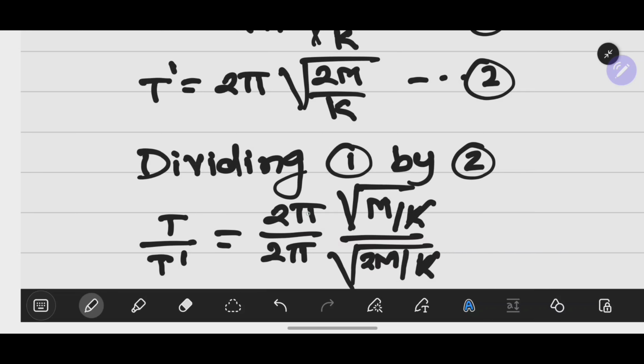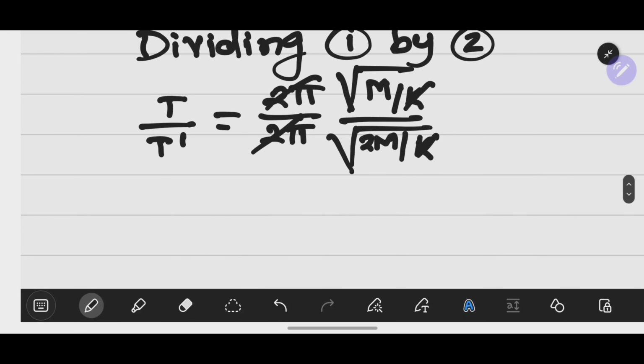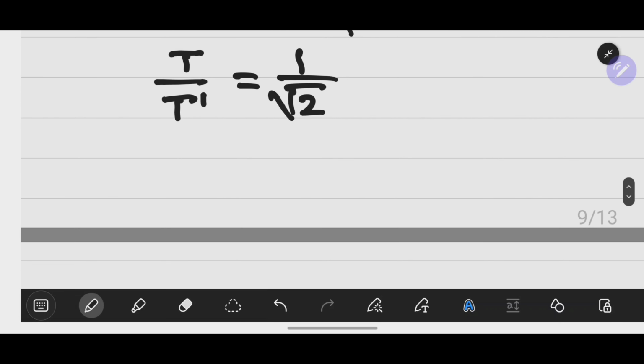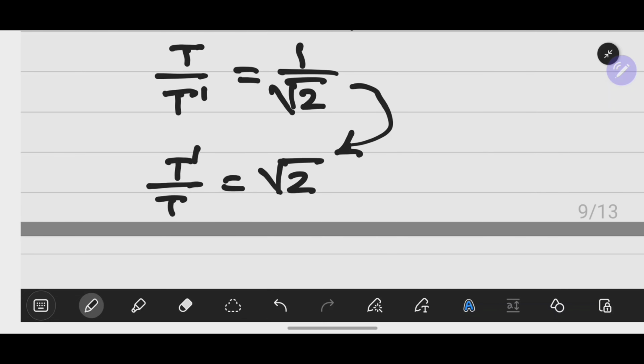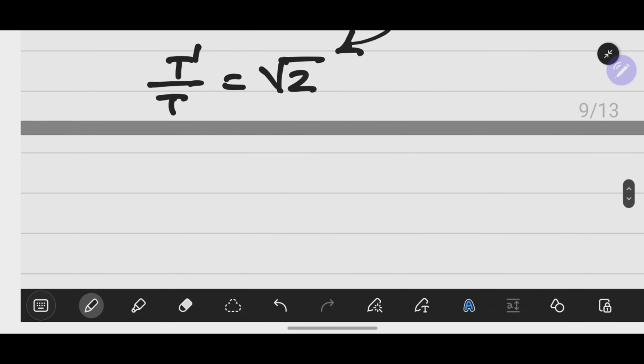Similar terms get cancelled, m is also cancelled. So t divided by t dash is equal to 1 upon under root of 2. Taking the reciprocal, t dash is just under root of 2. Then we got the relation that t dash is equal to under root of 2 into t.